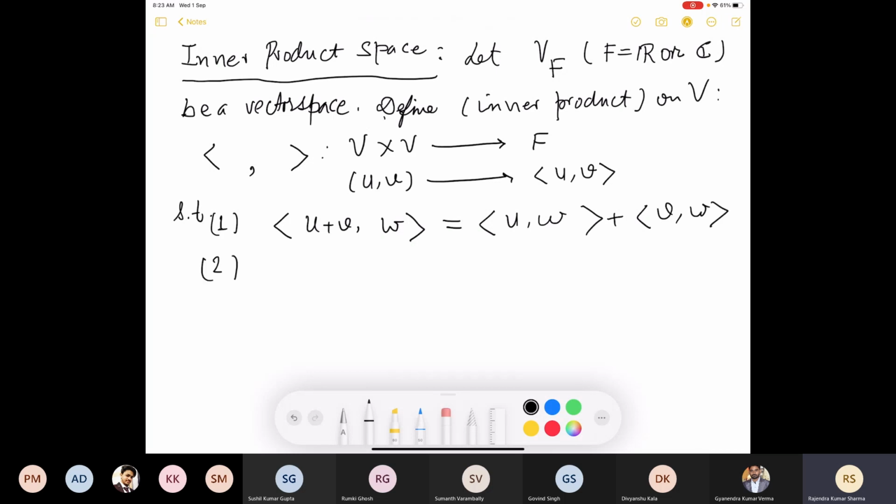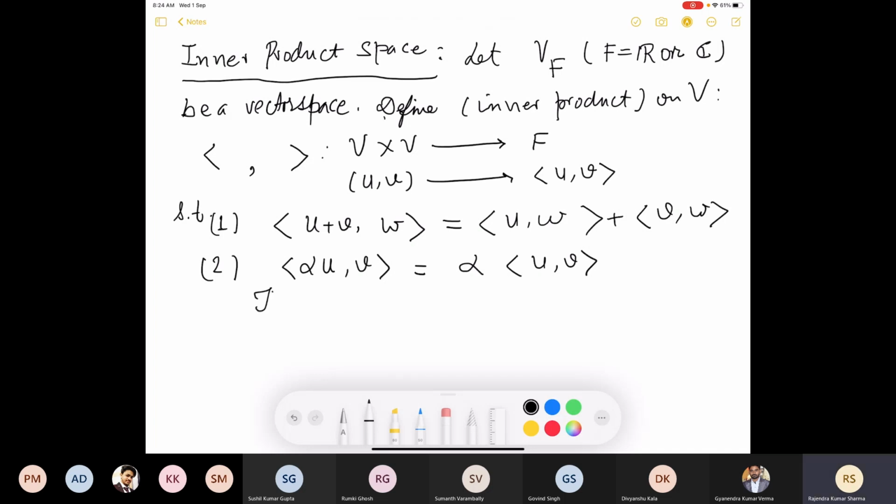And second, let us take that alpha u comma v is alpha times u comma v. By the way, these two can be combined into one.